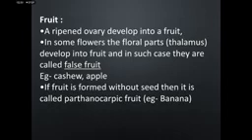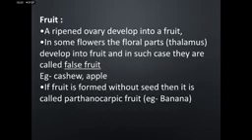That means a mature ovary develops as fruit, while in some cases the thalamus is converted into the fleshy edible portion. Such fruits are known as false fruit. Examples are cashew and apple. In cashew and apple, the thalamus acts as the fleshy edible portion.